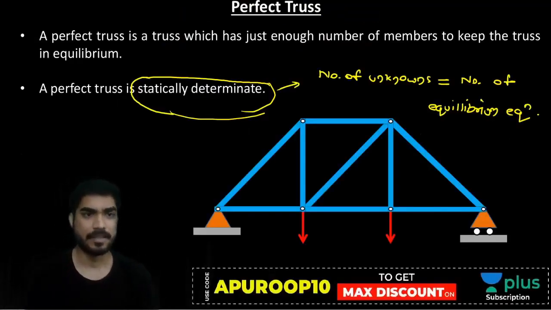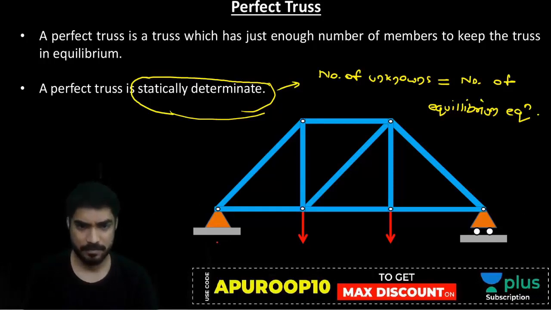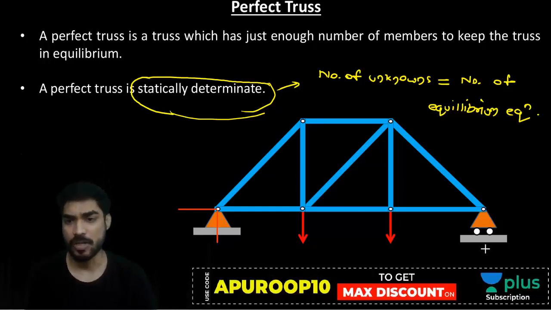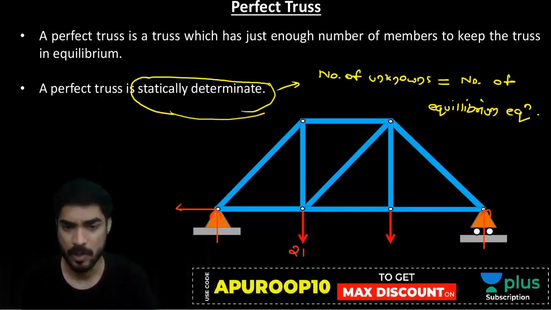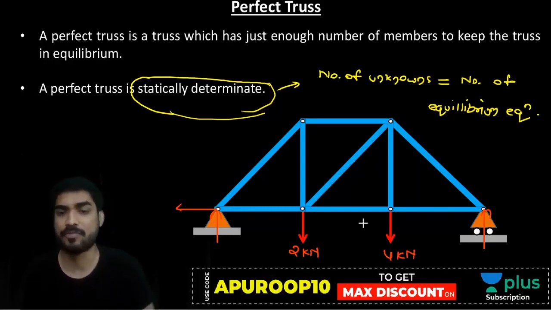See, there is one hinge support, so there will be one reaction in Y and one reaction in X, and there is only one roller support, so one reaction in Y. Okay, so already we have three reaction forces which are unknown. Let's say these are known, suppose this is 2 kilonewton, this is 4 kilonewton. So let's say these forces are known.